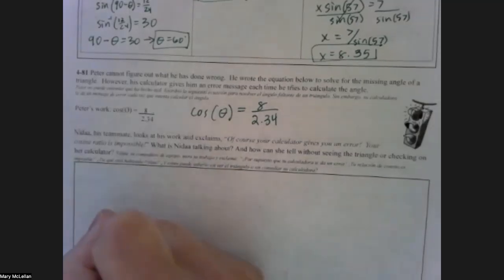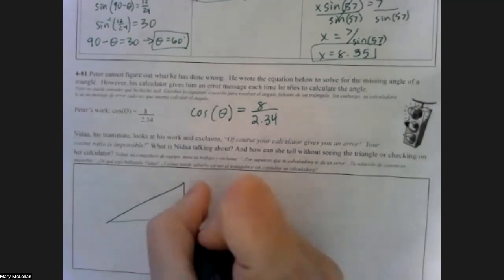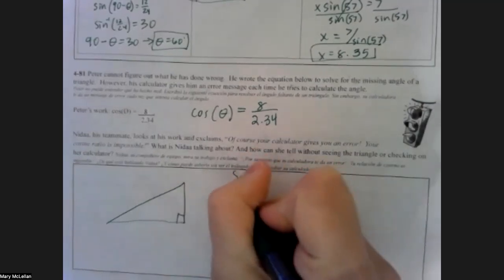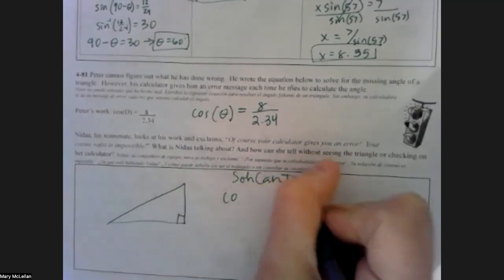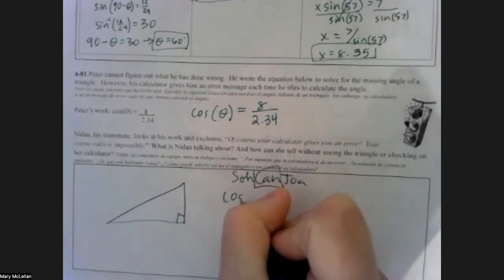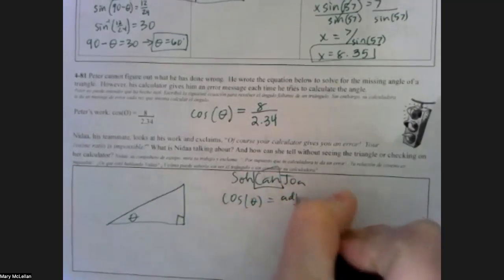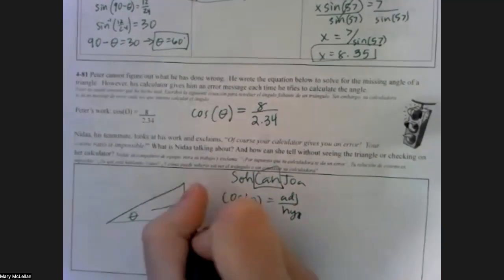Let's draw the triangle. I'm intrigued. I know it's a right triangle because I'm using cosine. SOHCAHTOA. Cosine is adjacent over hypotenuse. So I must have cosine of my angle equals adjacent over hypotenuse.